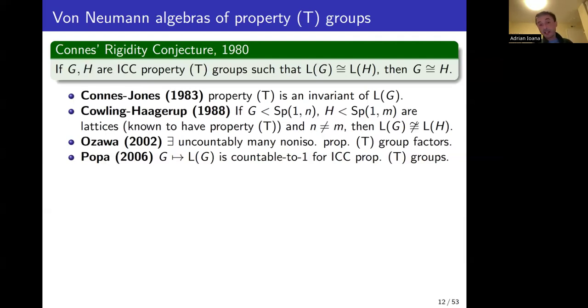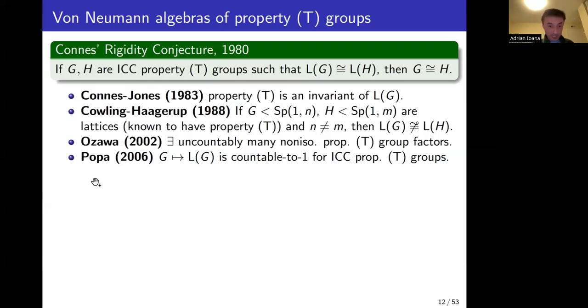This again is predicted by Connes' rigidity conjecture because it was known by work of Grigorchuk and Olshansky, or I think it's Gromov and Olshansky, that there were uncountably many non-isomorphic property T groups. And if you believe Connes' rigidity conjecture, those should have non-isomorphic von Neumann algebras as well.